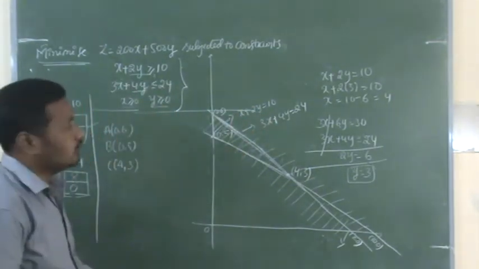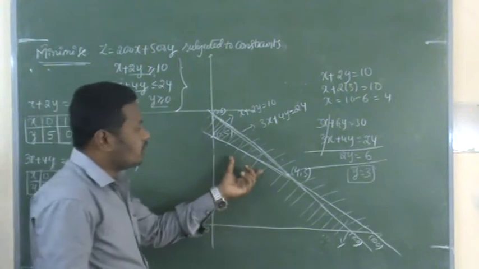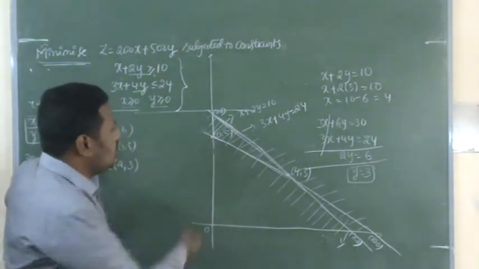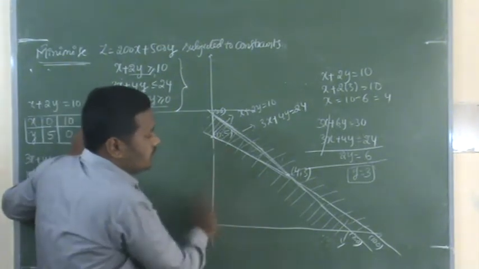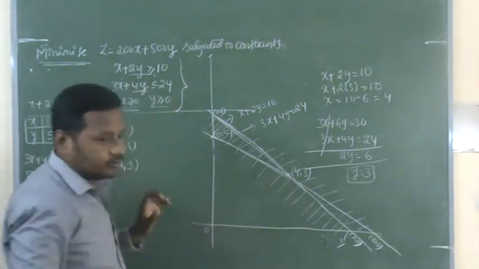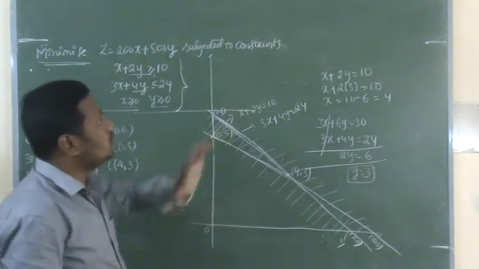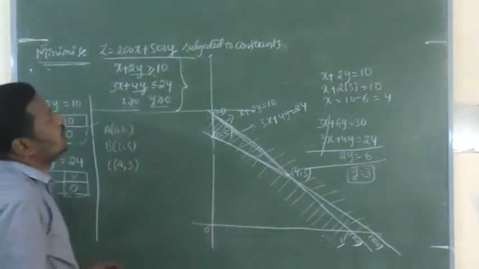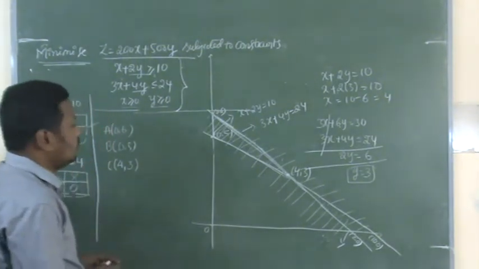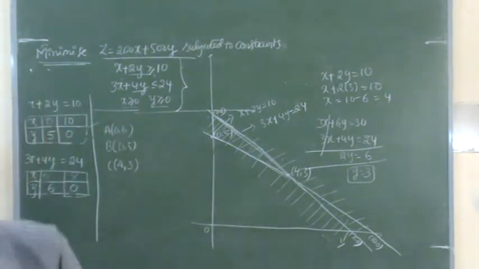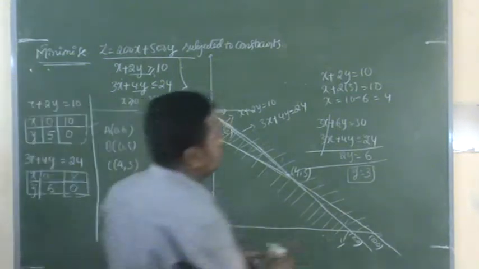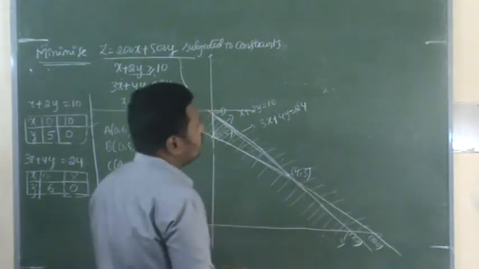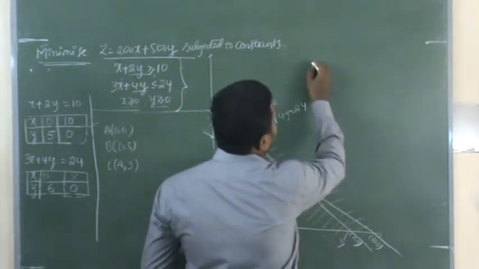Finally, we know the corner points: A is (0, 6), B is (0, 5) and C is (4, 3). We substitute them in the objective function, that is z is equal to 200x plus 500y.